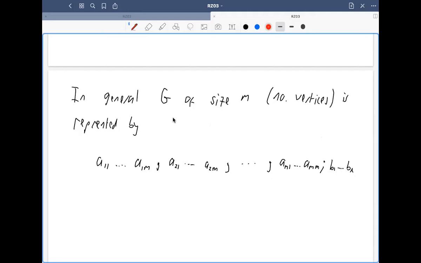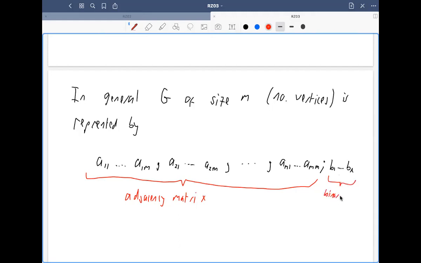This part here is the adjacency matrix, and this is the binary representation, I'll just write rep, of the number K.